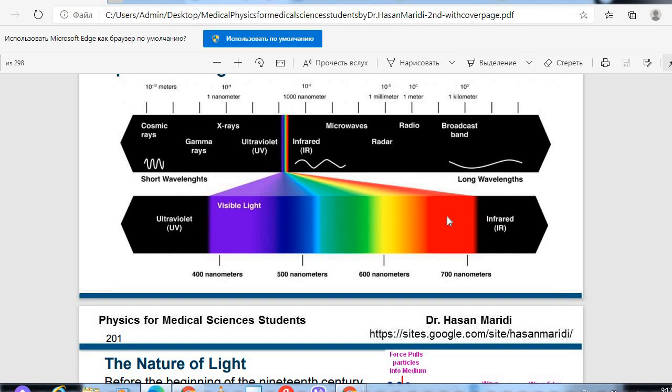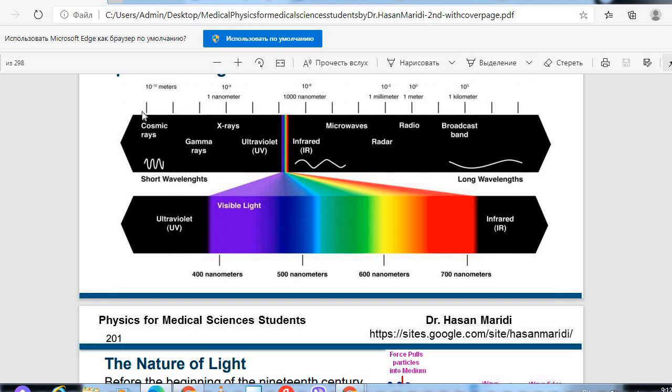We can't see the infrared and ultraviolet parts of the light spectrum, but it's a very narrow range of the huge range of wavelengths.